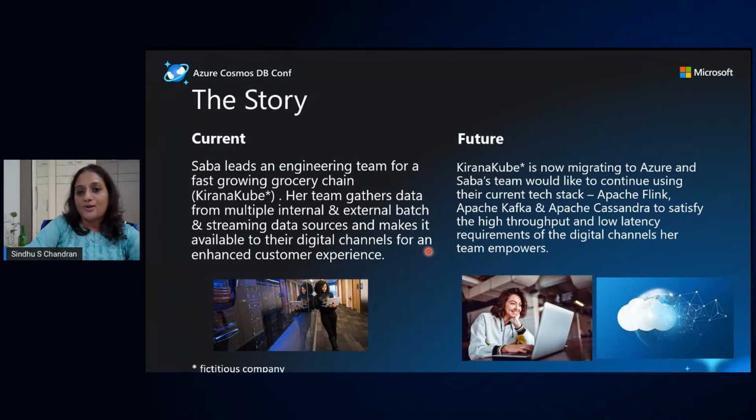Now Kirana Cube is on their journey to cloud, where they are invested in Azure Cloud, and they would like to continue using their technology stack, which they have considerable investment in already, which is based on Apache Flink, Kafka, and Cassandra. They expect this to continue providing the same throughput and latency that they currently enjoy on their on-prem setup.